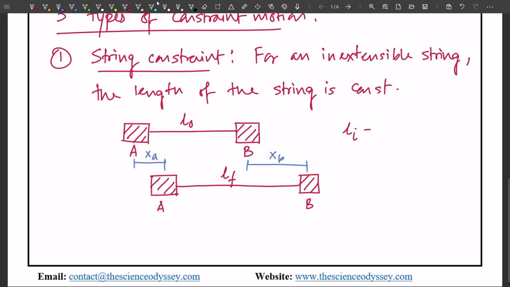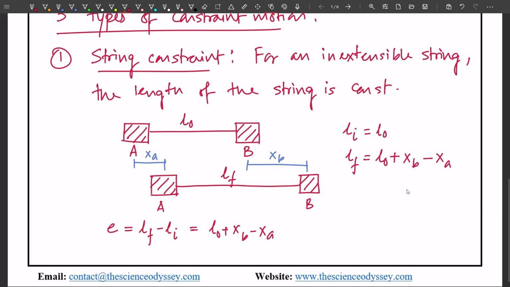We know that the initial length is L0, and you have to calculate the final length. Final length will be the initial length, L0, plus the extension due to the displacement of block B, that is xb, minus the contraction due to the displacement of block A, that is xa. Right? Now the extension in the string will be final length minus initial length, that is L0 plus xb minus xa, minus the initial length L0, that will be xb minus xa.